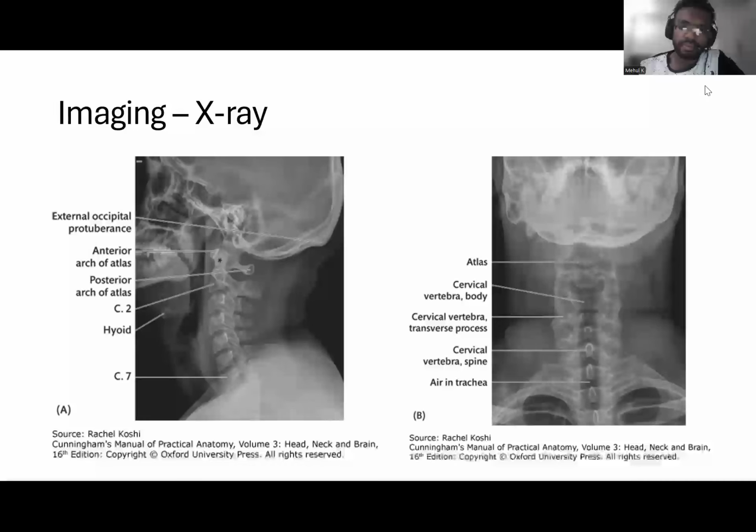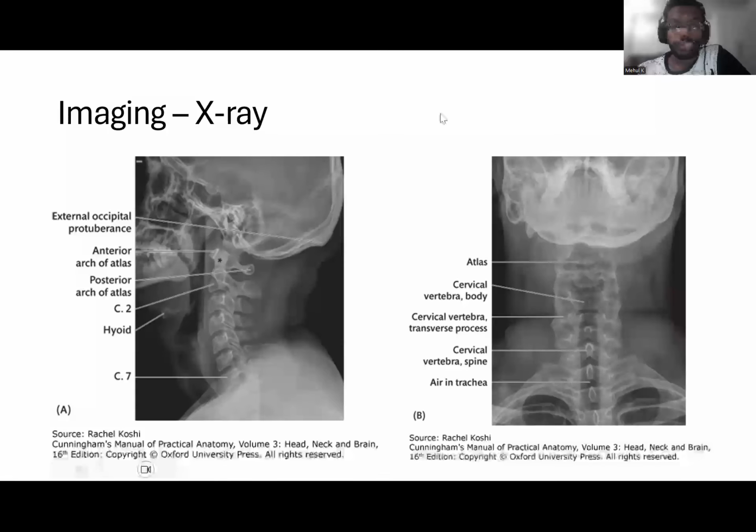Even though a CT scan also is not 100% perfect, it is much, much better than just doing a C-spine X-ray. And most of your apex trauma centers have actually moved away from X-rays of the C-spine and moved on to CT scans of the cervical spine.